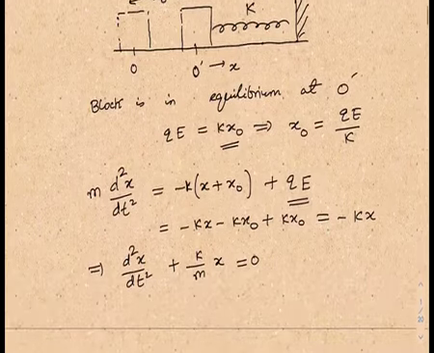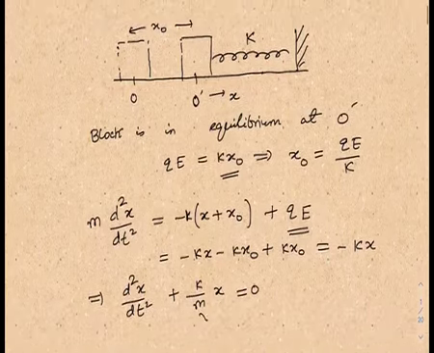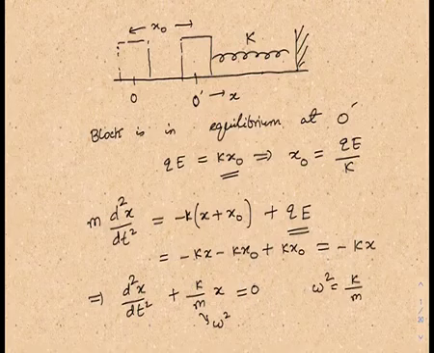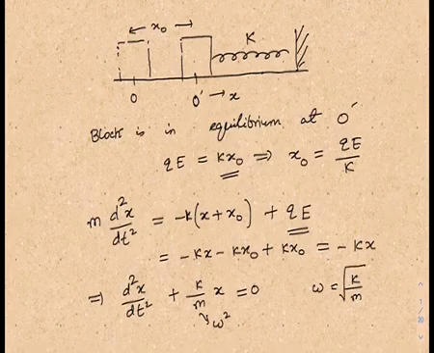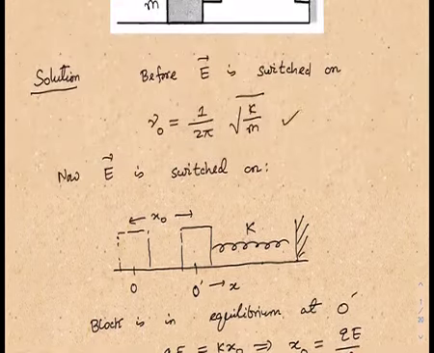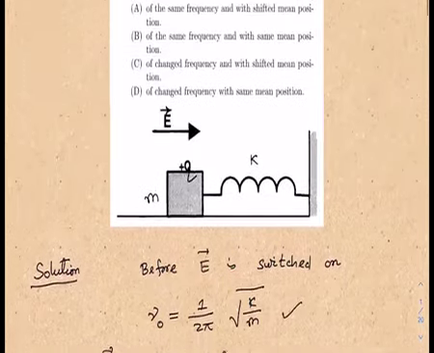And this k by m is your familiar omega square. So omega is equal to square root of k by m, and therefore your nu is equal to 1 by 2 pi root over k by m. So this is the same frequency as before the electric field is switched on.